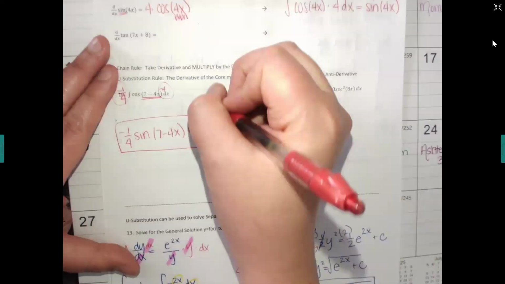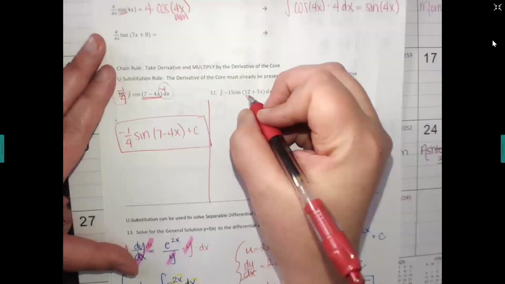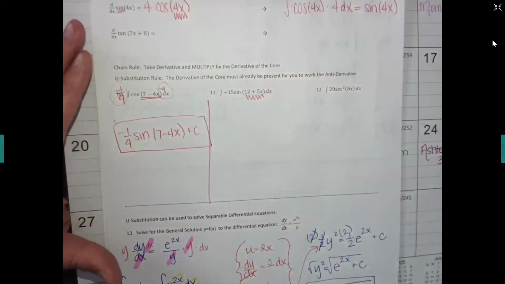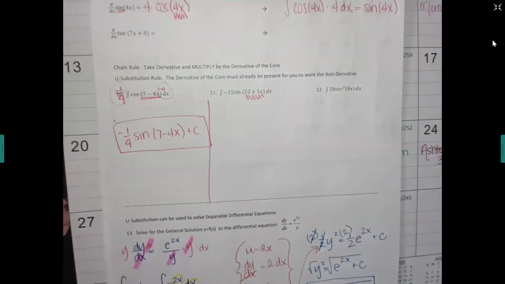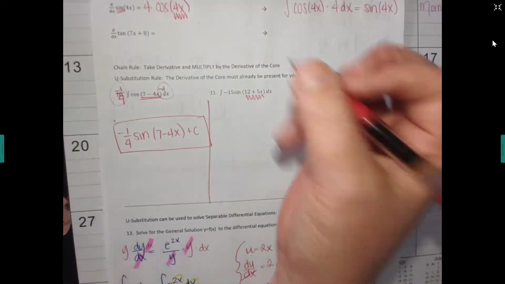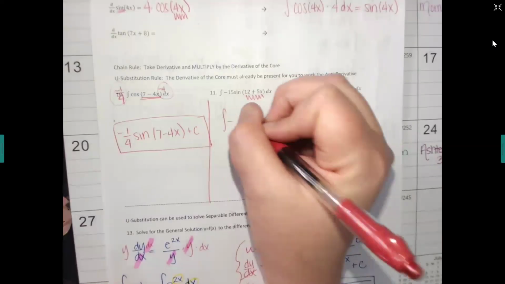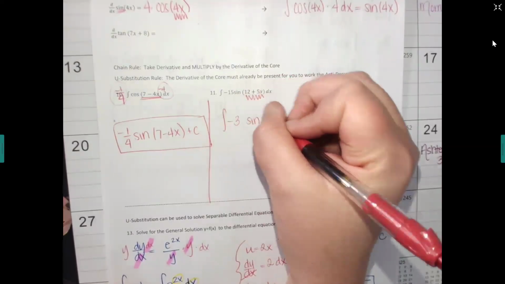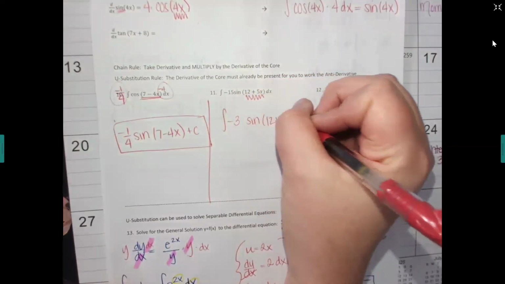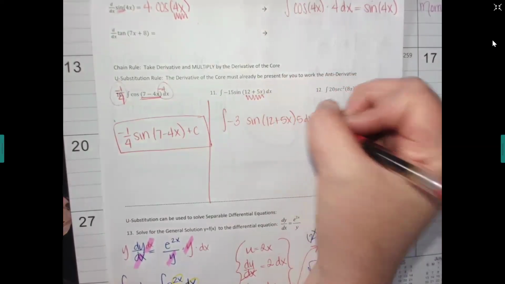What's my U on number 11? 12 plus 5x. Then for 12 plus 5x, what's my derivative? A 5. Then I need to have a 5. Now, quick question. Do I already have a 5 in the -15? Yes. How could I split that up into multiplication? I could make it a -3 and then group the 5 in the back with the dx.